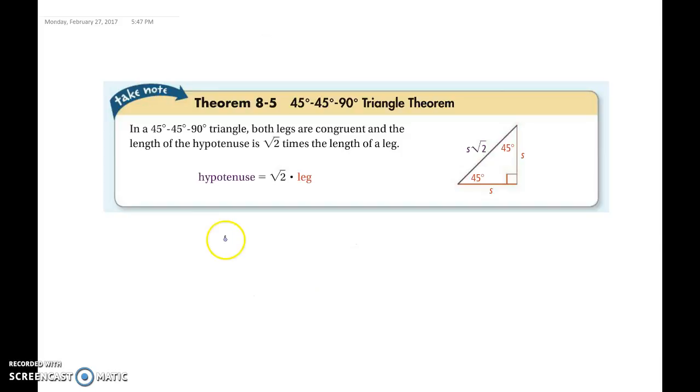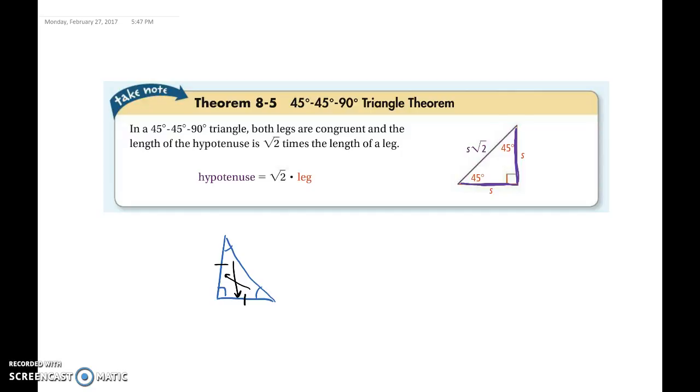So first off, a 45, 45, 90 triangle, we know we have two congruent angles, so that means that the sides opposite of them will be congruent. And this means it is an isosceles triangle. So our two sides of the triangles, or the two legs, are going to be the same. So these two legs will have the same distance.